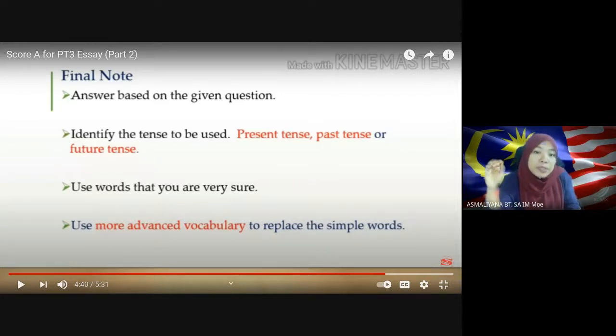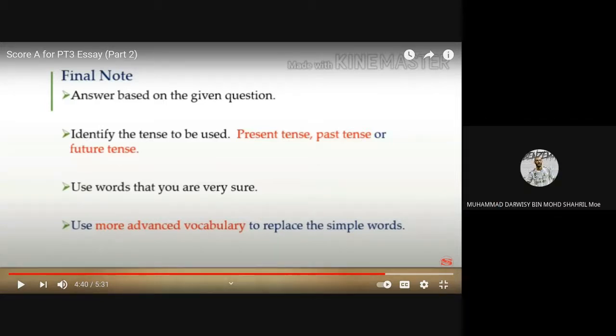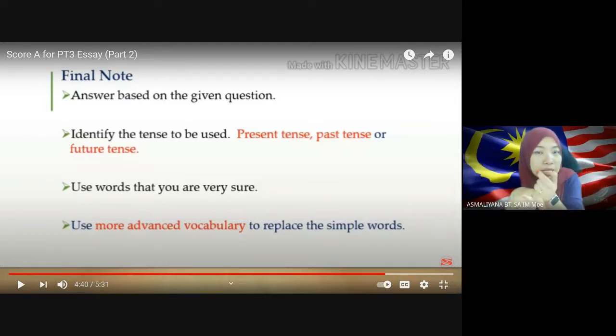If it asks you to talk about something happening right now, current issues, present tense or past tense? Who knows, for current issues, past tense or present tense? Present. Present, correct. For current issues, for example about COVID-19, the flu, political issues, those are current. Or global warming, that is a current issue, present tense, happening now. If they ask you to write a story, what happened, your experience, you must know that when the question asks you to write about an experience, what had happened, write a story, it must be in past tense.